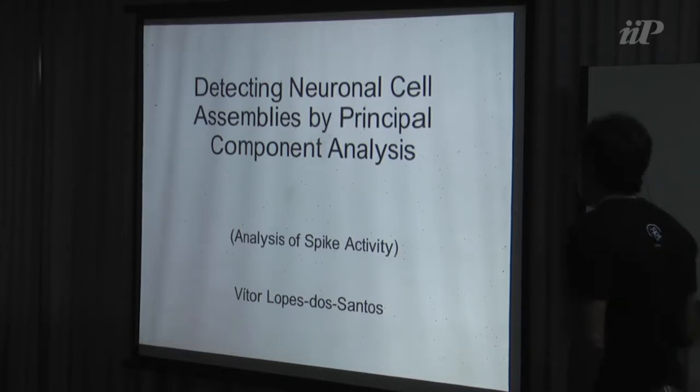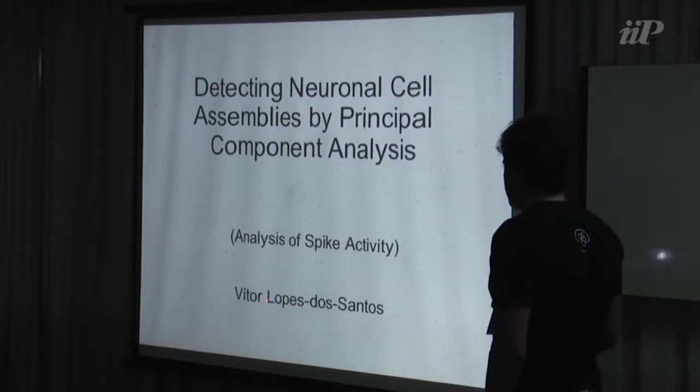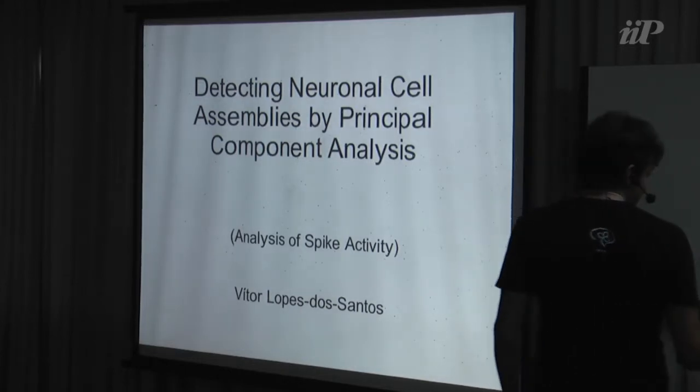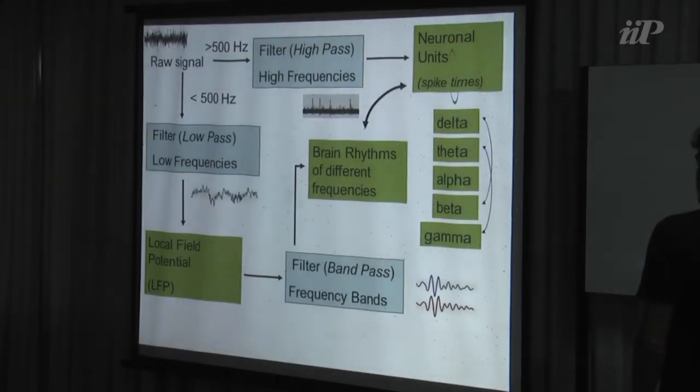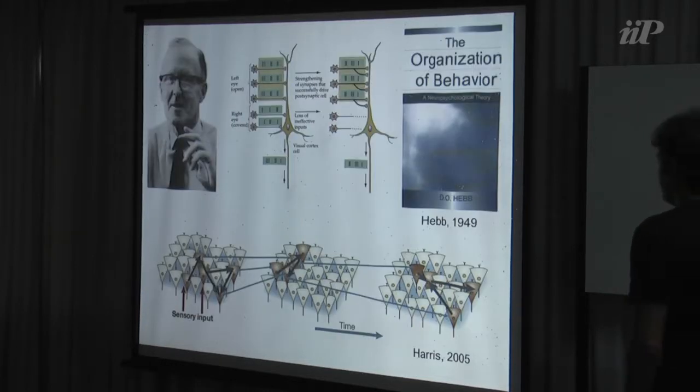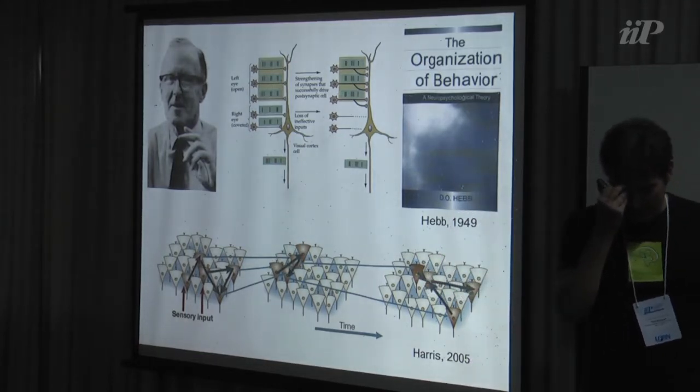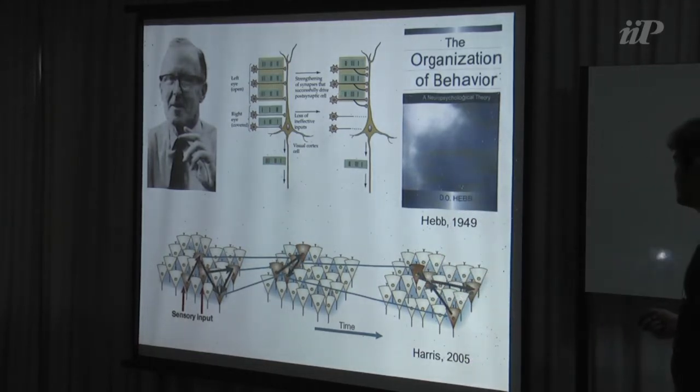So we are talking now about the analysis of spike activity. This is part of the PhD thesis of Vitor. We are back to the neuronal units. And the idea here is, we have this concept in neuroscience, which was created by Hebb.